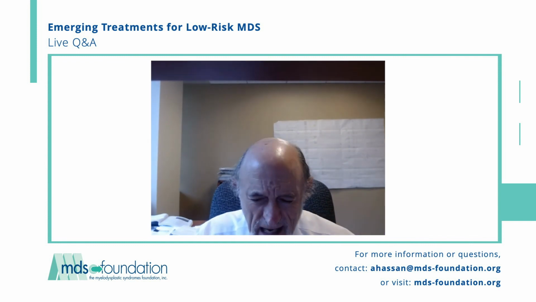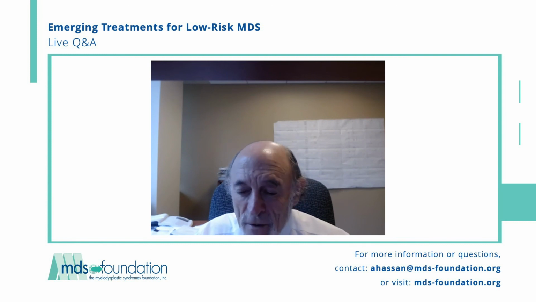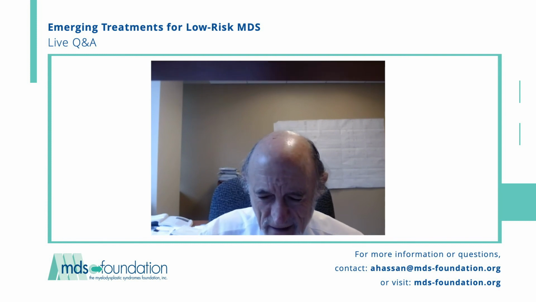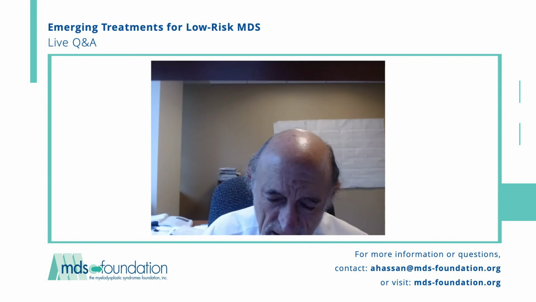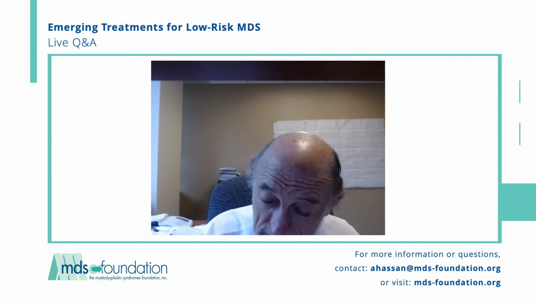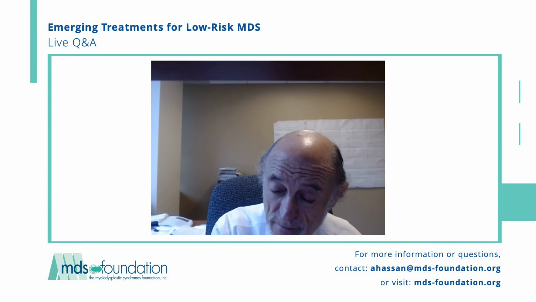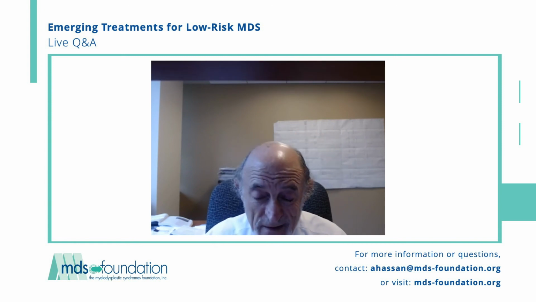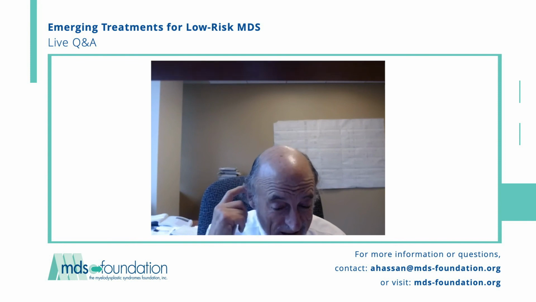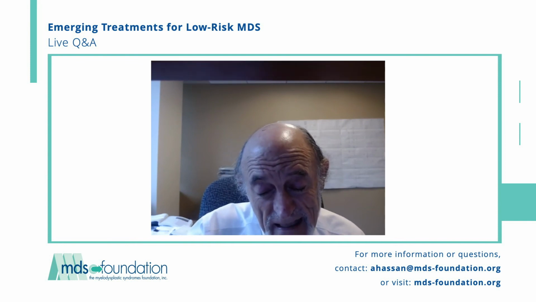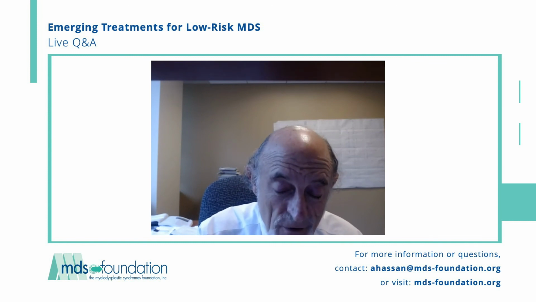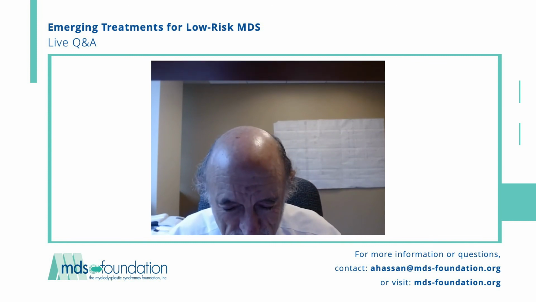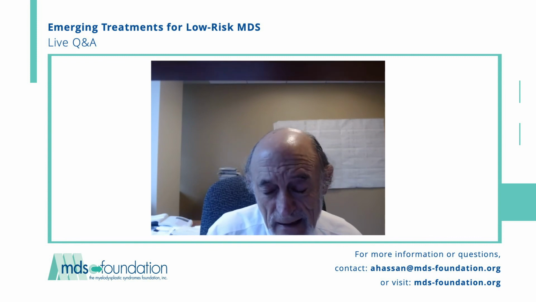So as part of the MDS, sometimes there's more to it than just the bone marrow not producing cells. There's also increased destruction of cells because of antibodies produced against the cells in our blood, or even the killer T cells that come along and attack and help destroy circulating cells.